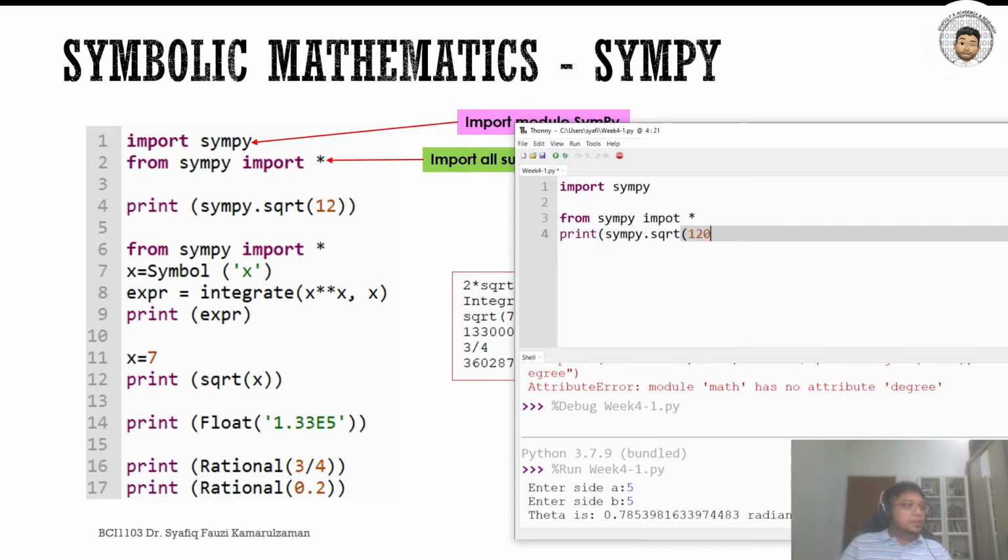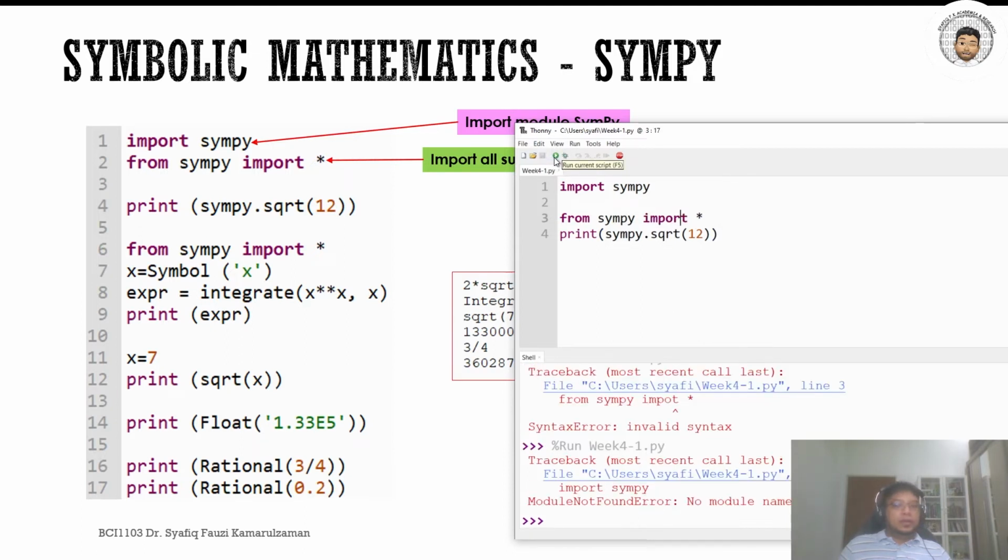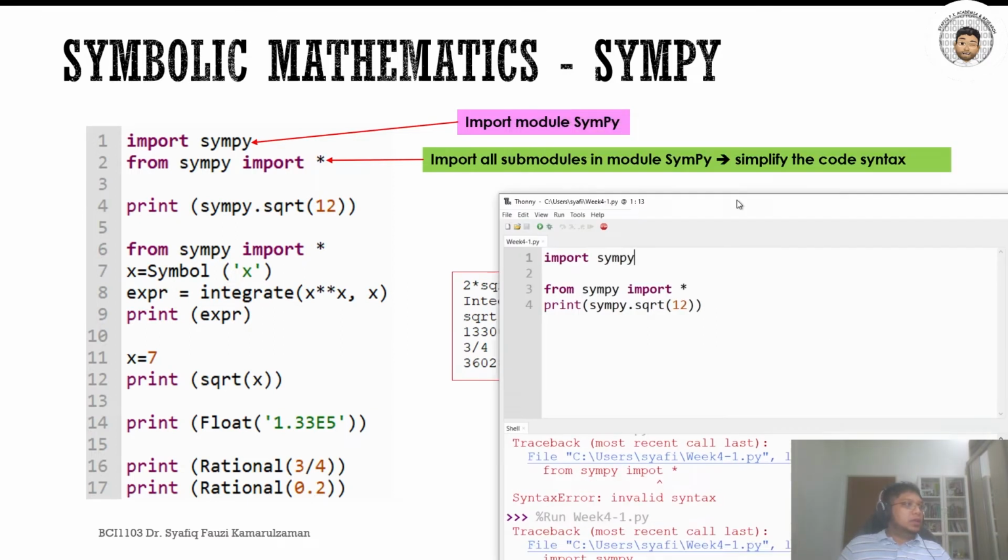We start with this one first. When you generate this one, oh, okay. So when you generate this one, what, no module named SymPy? Supposedly I should have that.